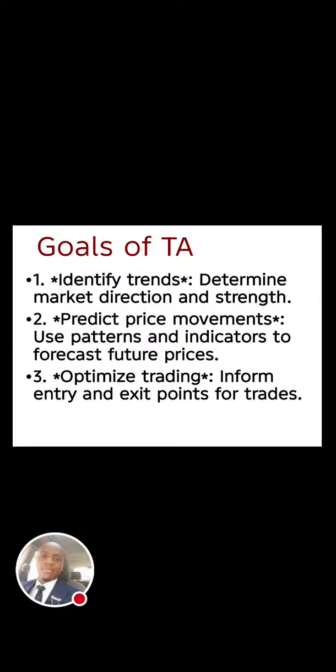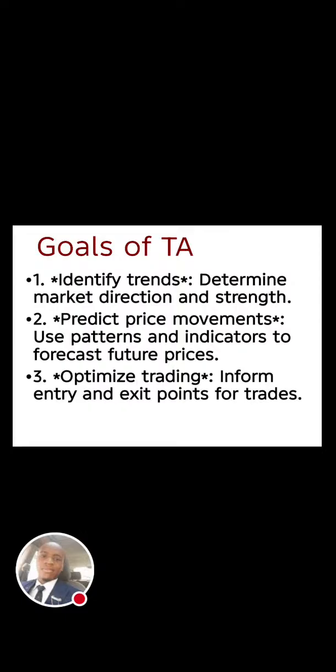Now, the second thing and the second goal of technical analysis is the fact that it helps predict price movement. We use patterns, we use indicators to forecast future prices. Indicators, you hear people saying moving average, that's MA. You hear people saying like relative strength index, Bollinger Bands, and so on.